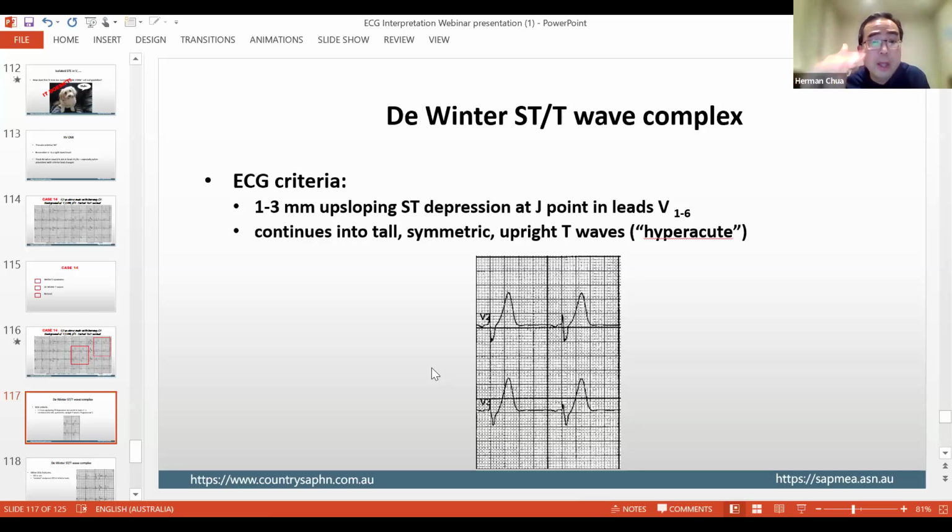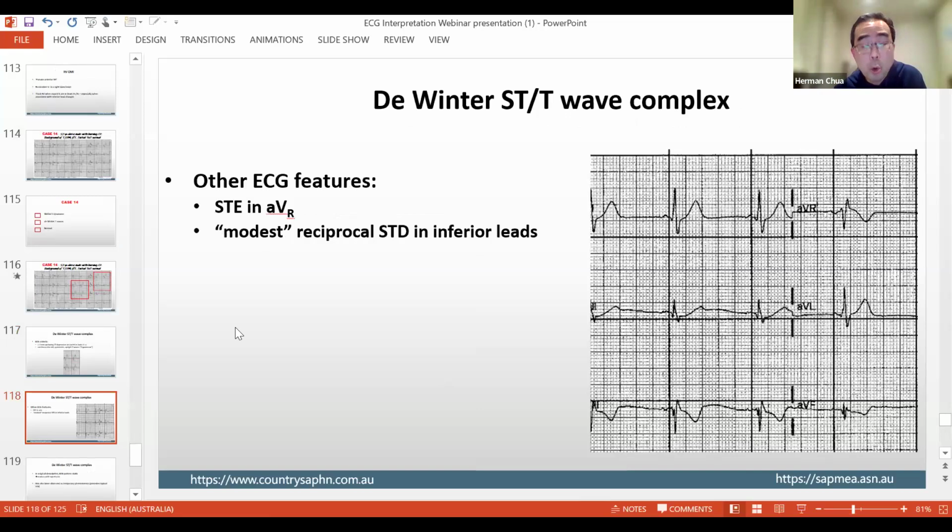In fact, they manifested ST depression in association with the hyperacute T wave. And to support that, there is also the reciprocal change in 3 and AVF, and sometimes you can see ST elevation in AVR as well. But the main thing is those hyperacute T waves that you see in the anterior leads, okay?